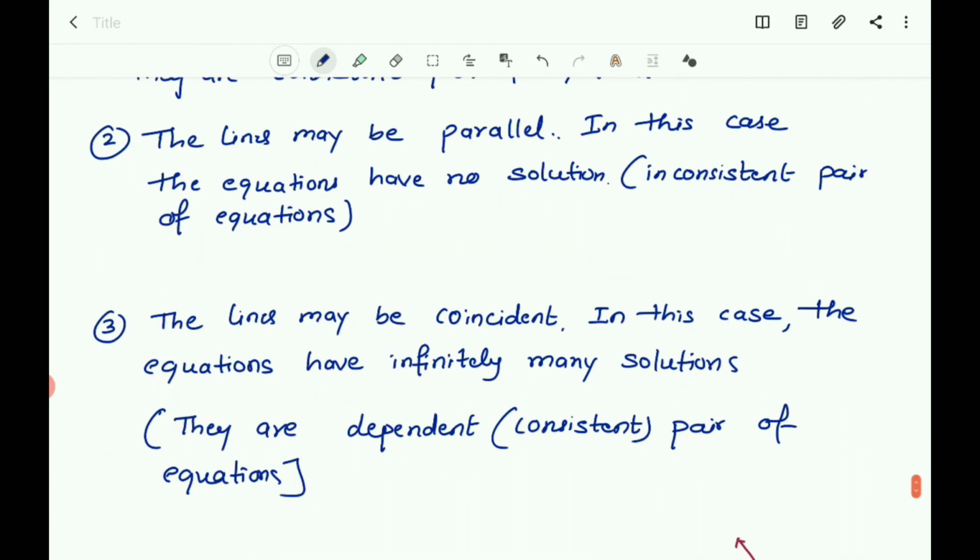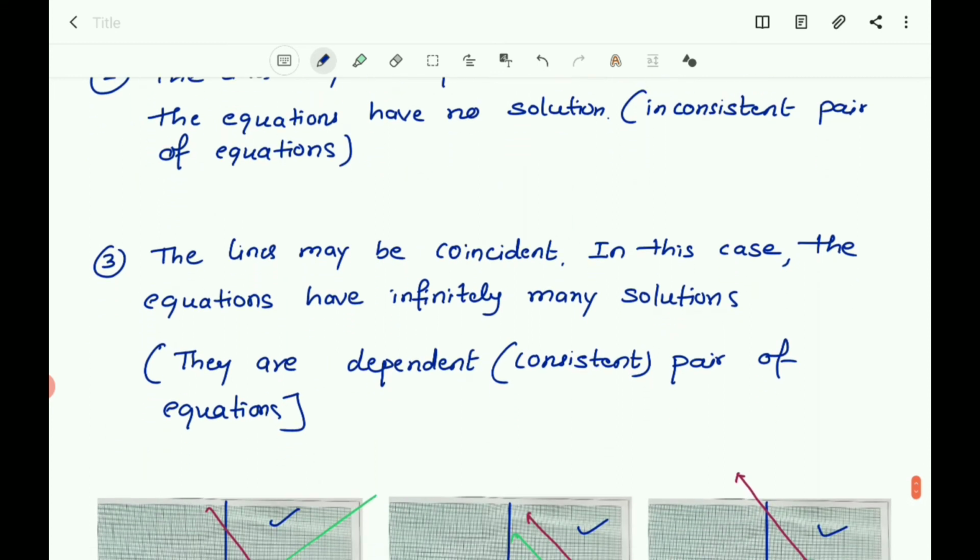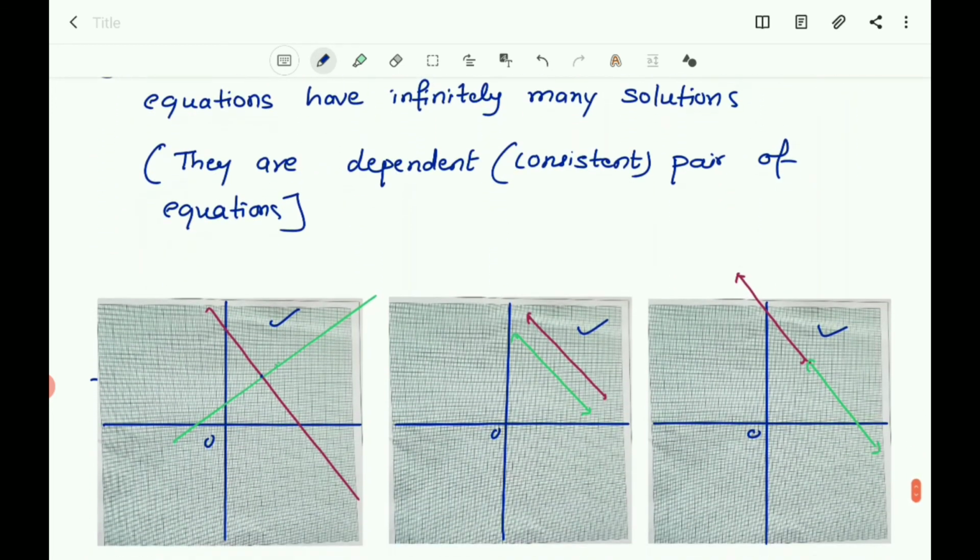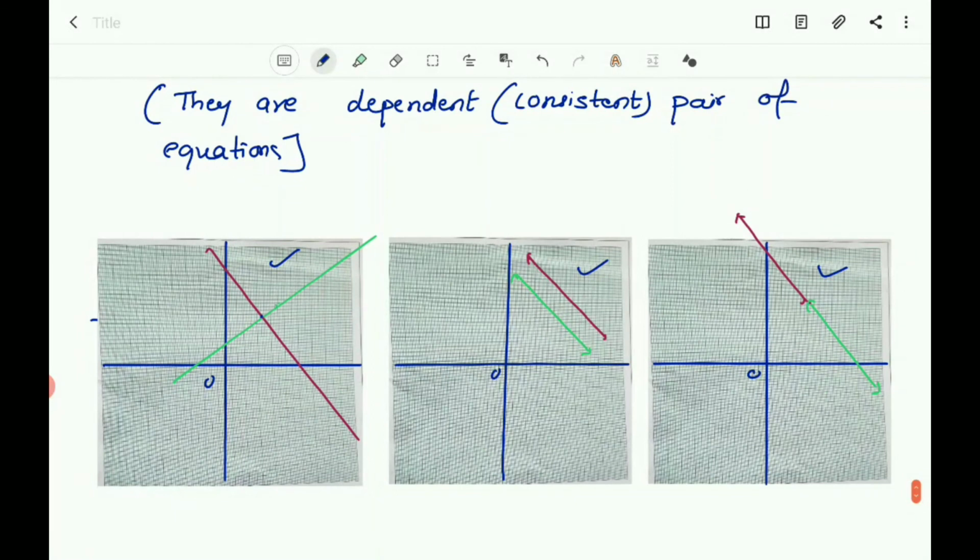The lines may be coincident. In this case, the equations have infinitely many solutions. So they are a consistent pair of equations and also a dependent pair of equations, as they have infinitely many solutions. See the intersecting lines, parallel lines and coincident lines. Intersecting lines intersect at only one point, so only one solution.